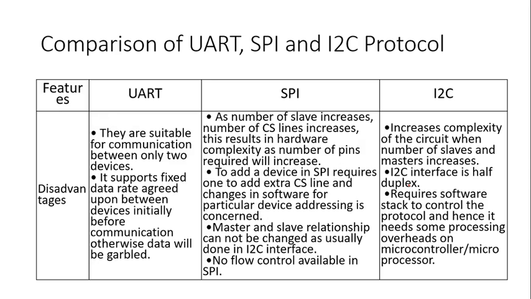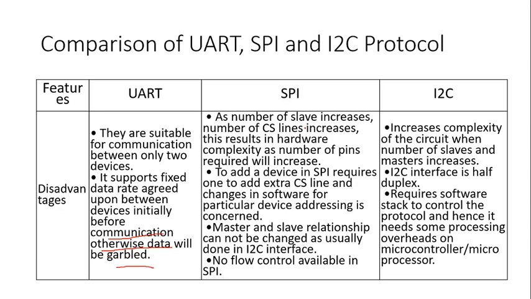Disadvantages for the UART. They are suitable for communication between only two devices. It supports a fixed data rate agreed upon between devices initially before communication, otherwise data will be garbled. That is the biggest disadvantage of the UART. So if the baud rates are mismatched, the data will not be transmitted properly.